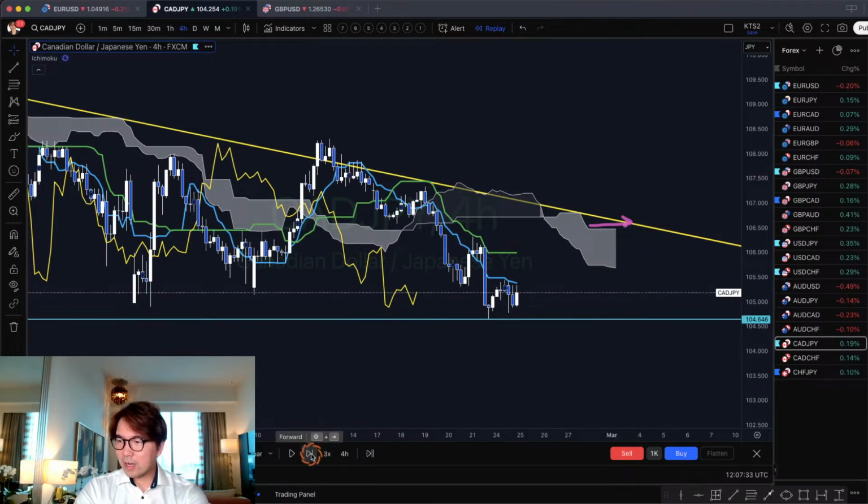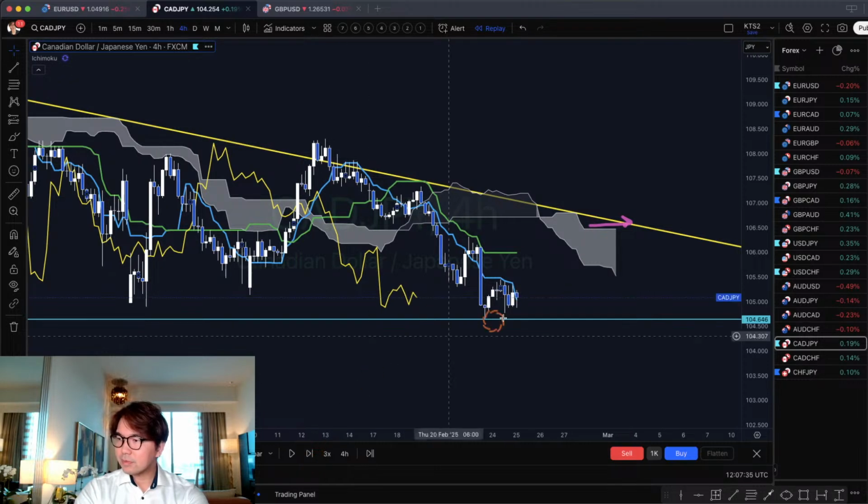But after a few bars, here, the next bar shows that Senkou Span A is pointing down, while Senkou Span B remains flat, and the Kumo thickness is getting bigger, as you can see. When I see this situation, even if the price is above the support level, I expect the price to break. Again, this is not every time.